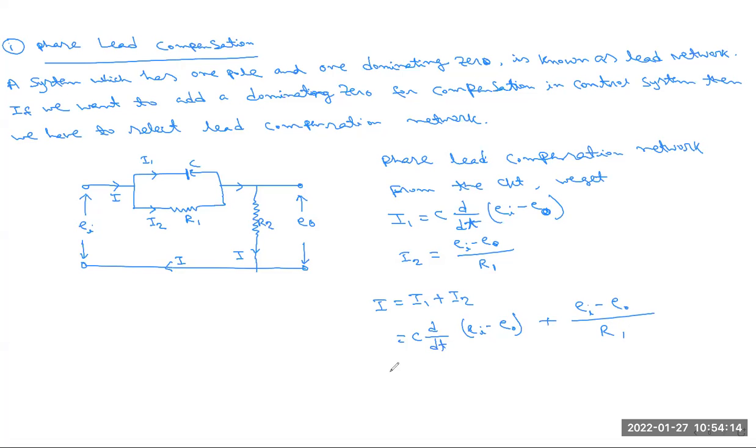And in this circuit, the total current I equals the output of the system divided by this resistor, E output by R2. We know that.